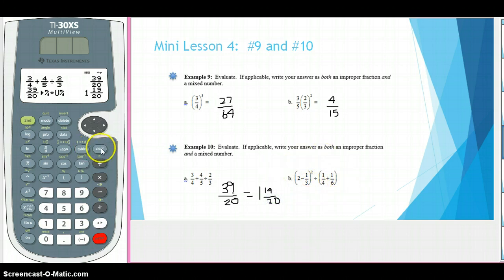And now this last one, this one looks like a bear. We have exponents, division, parentheses, subtraction, addition. A lot going on here. Just punch it in just like you see it.